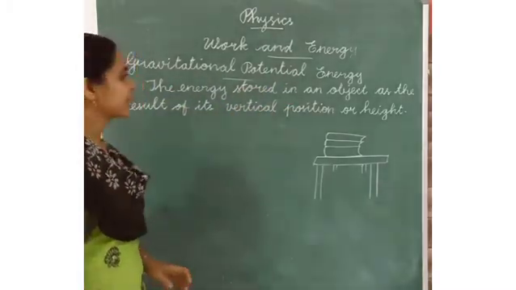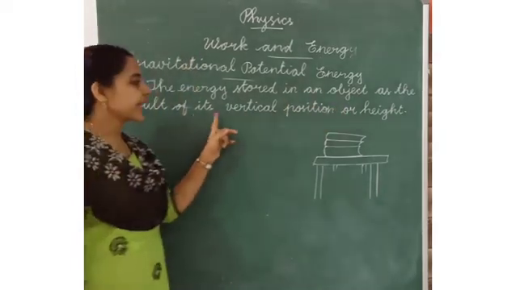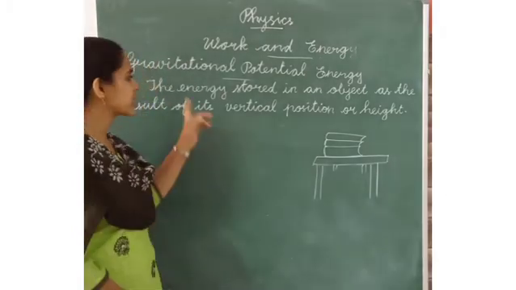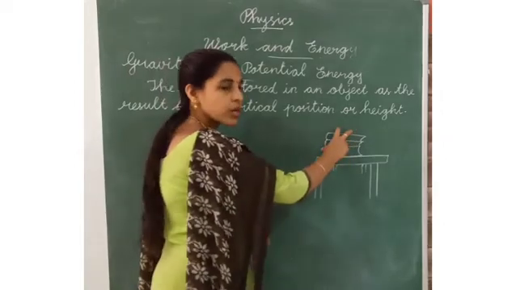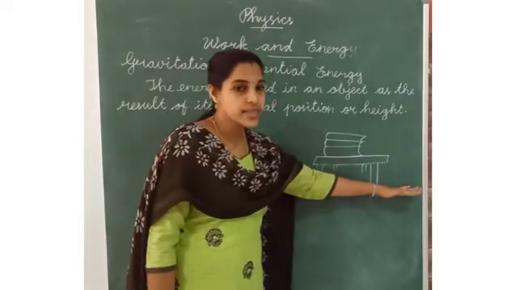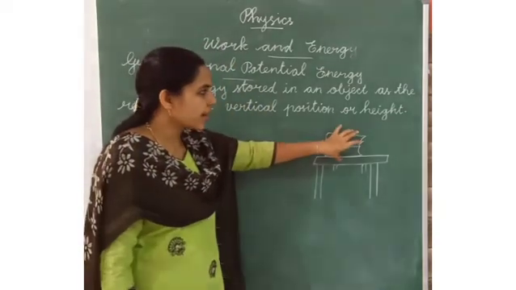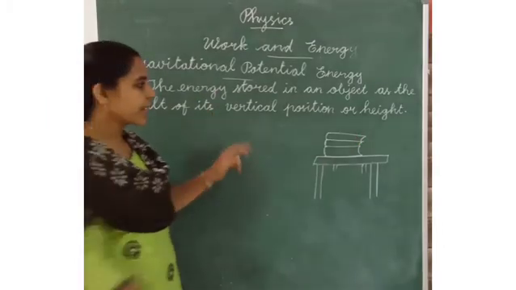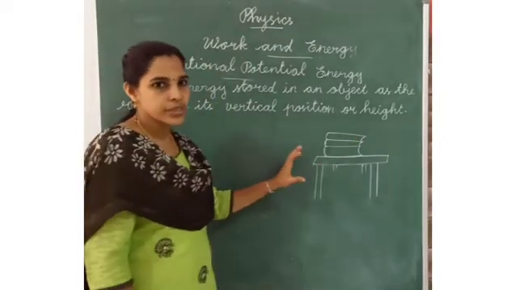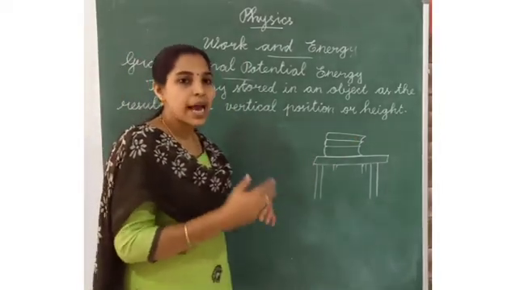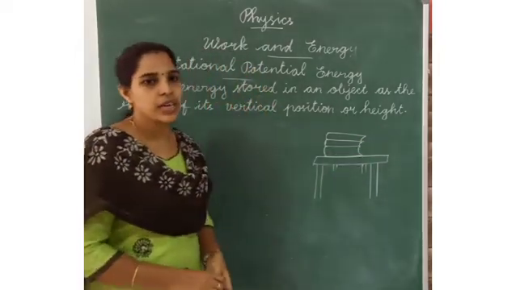Gravitational potential energy is the energy stored in an object as the result of its vertical position or height. It is not in a horizontal way, it is in a vertical way. An object raised to some height above the ground has gravitational potential energy.